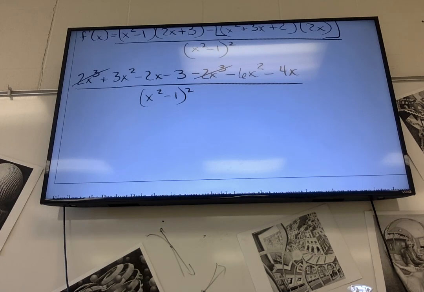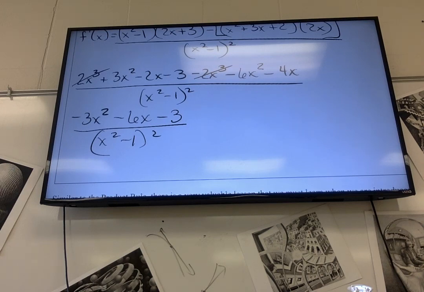So that becomes negative 3x squared, right? Minus 6x minus 3. Now I would be like, hey, that looks good.